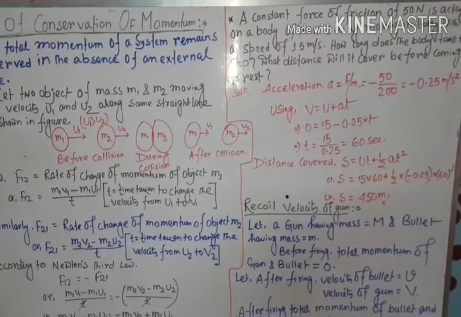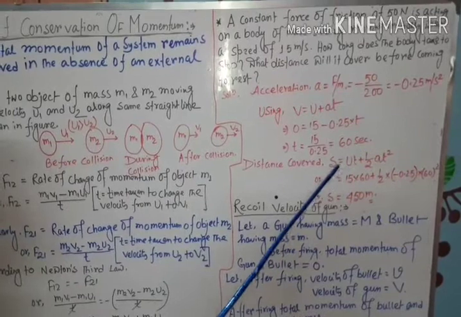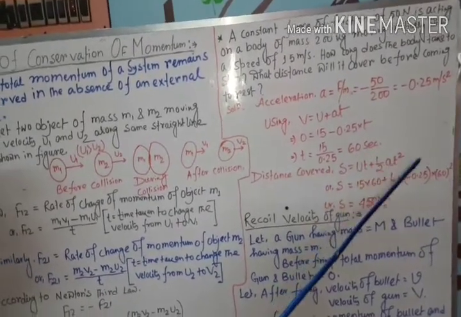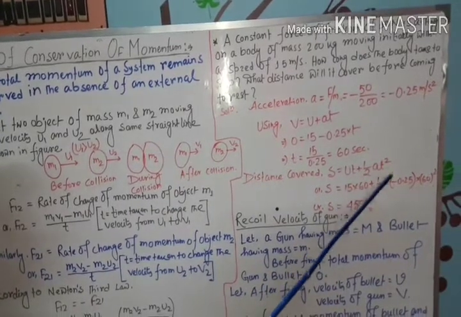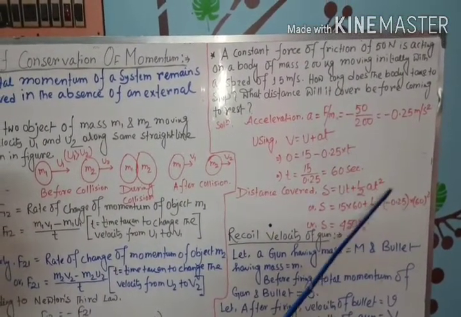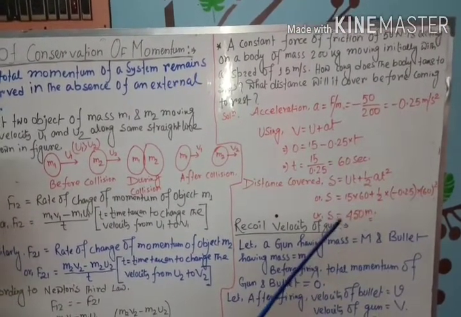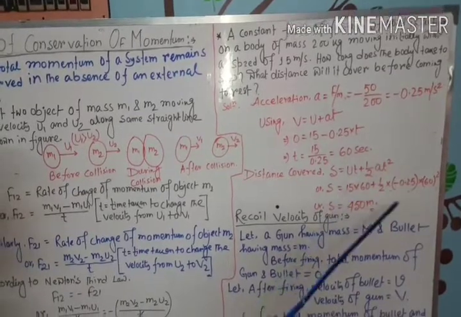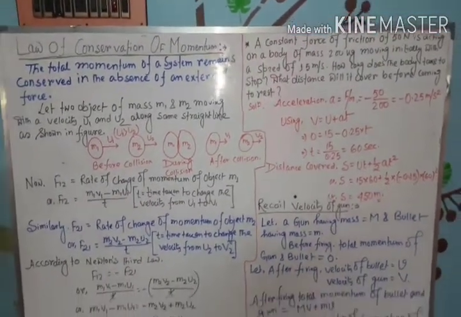So how can you determine the distance? To determine the distance you have to use the formula s equal ut plus half at square. s equal u, which is 15, times time 60, plus half into minus 0.25 times 60 square. After calculating this, you get s equal 450 meter. So this is the distance covered by the body before coming to rest.